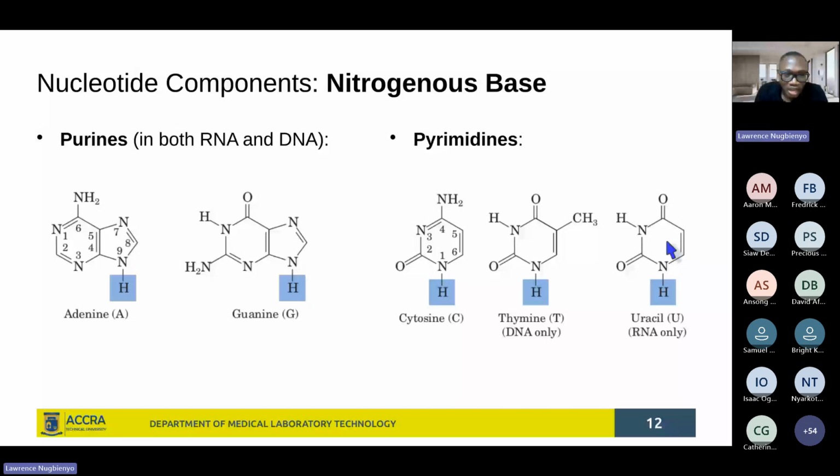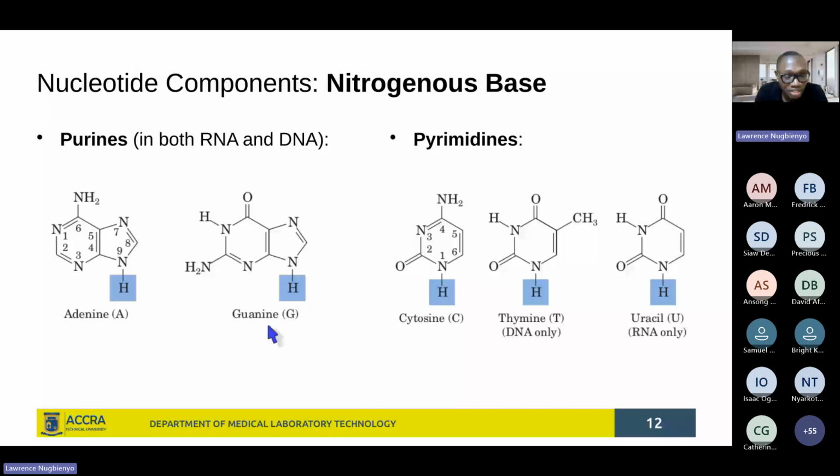So how you study these things to remember them is that you know that the purines have 2 rings. So if you see any question on the nitrogenous bases and you see 2 rings, 1 6-sided ring fused with a 5-sided ring, quickly your mind should be that this should be a purine. Then what are the purines that you have? You have only 2 of them. These are adenine and guanine.